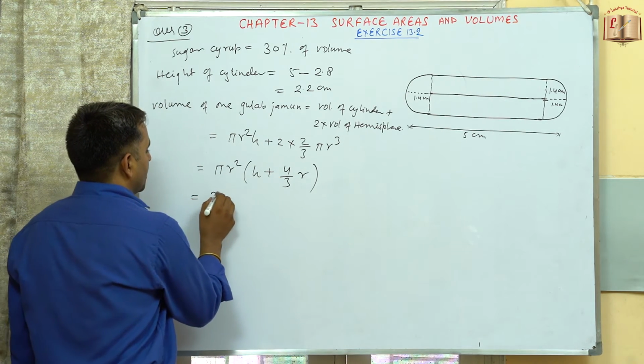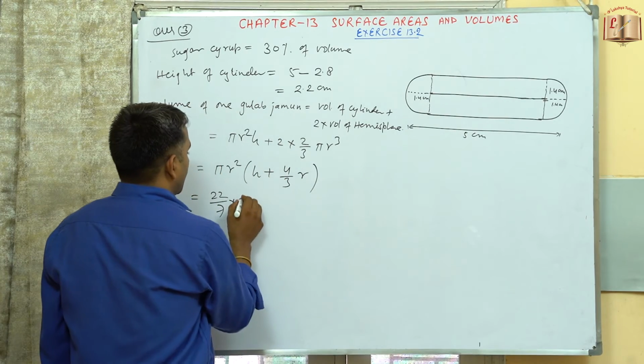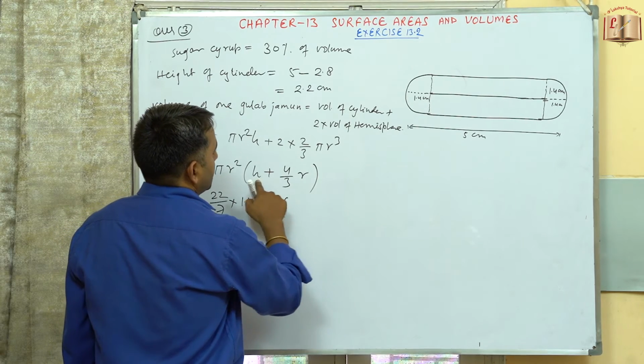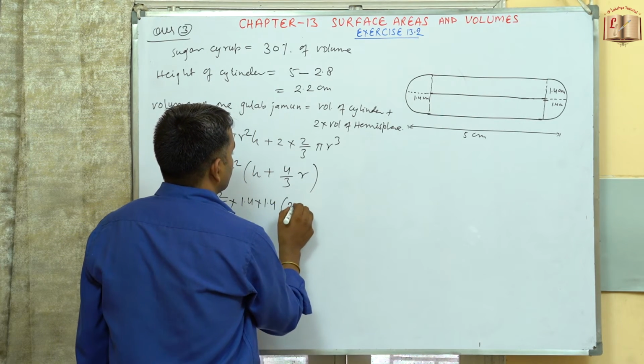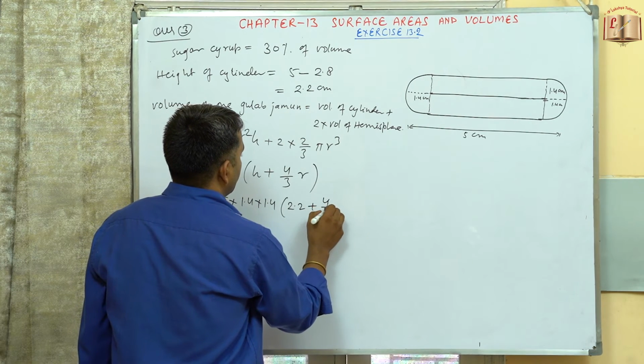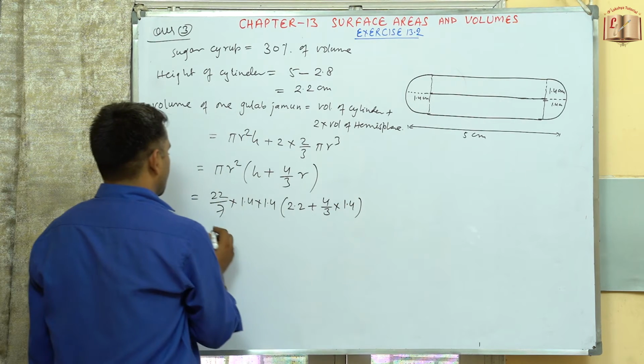So this will be 22 by 7 into r square. R is 1.4, so this will be 1.4 into 1.4 times. The height is already known, so this is 2.2 centimeter plus 4 by 3 into r, which is 1.4 centimeter.